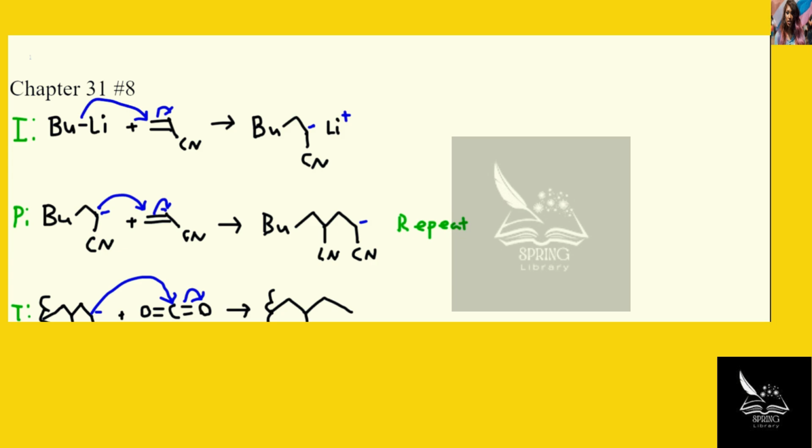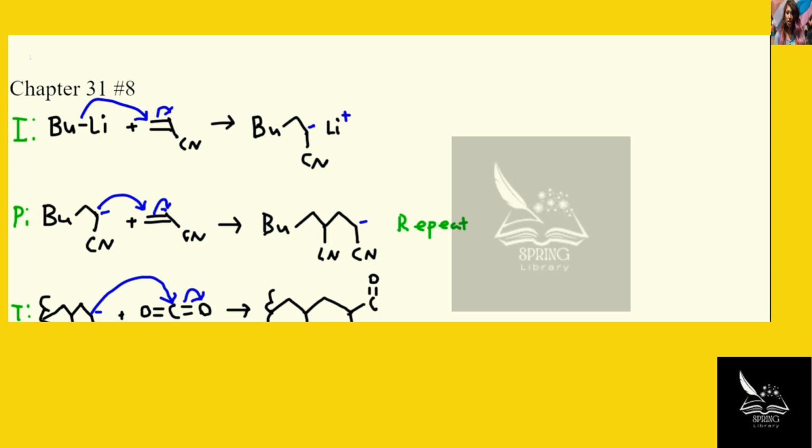So here are the two subunits with which we started this step. So there's one nitrile, two nitriles, and then now, instead of adding another acrylonitrile, we've added a carboxylate group.